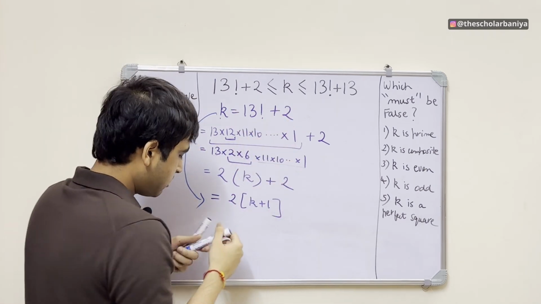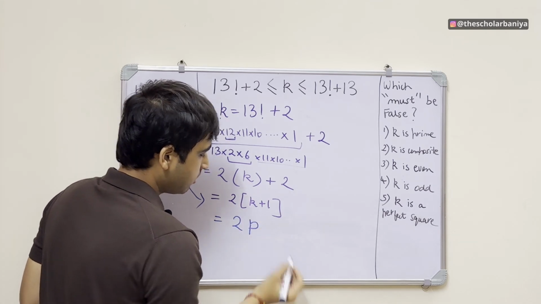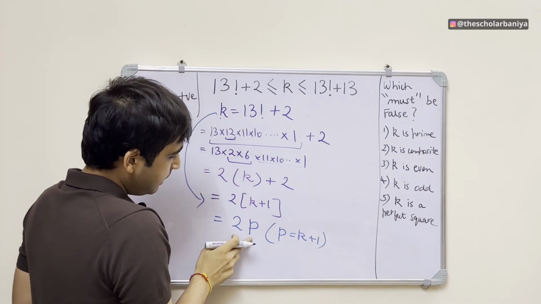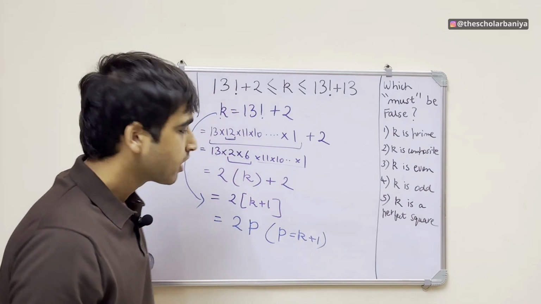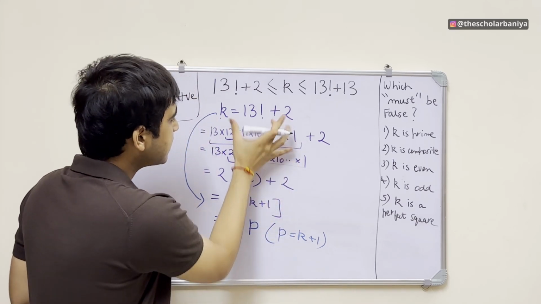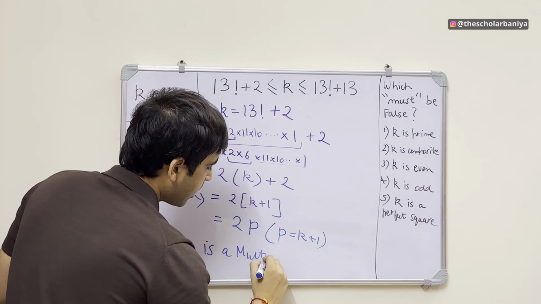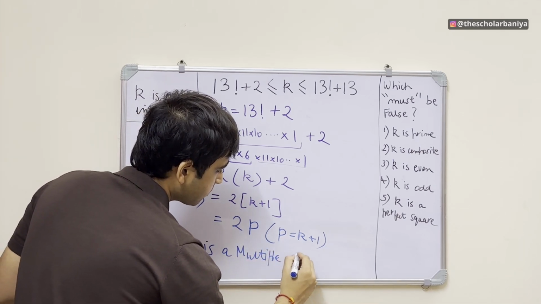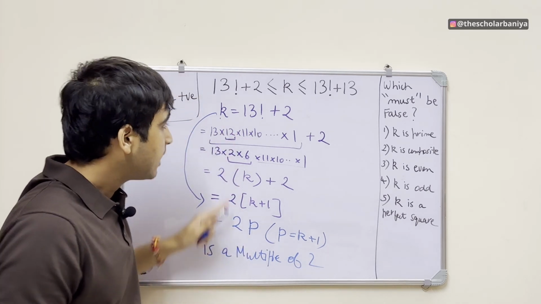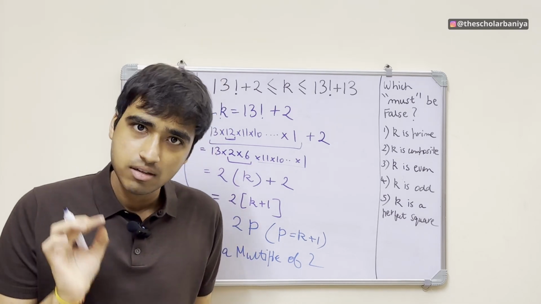Because this number can be expressed as 2p, it is a multiple of 2. I hope this should be very clear.